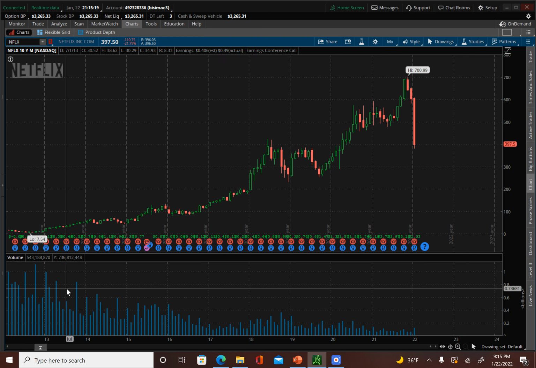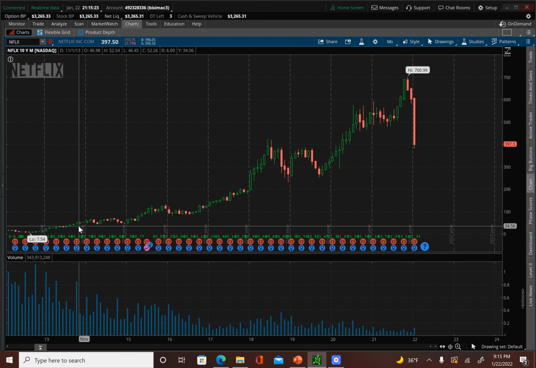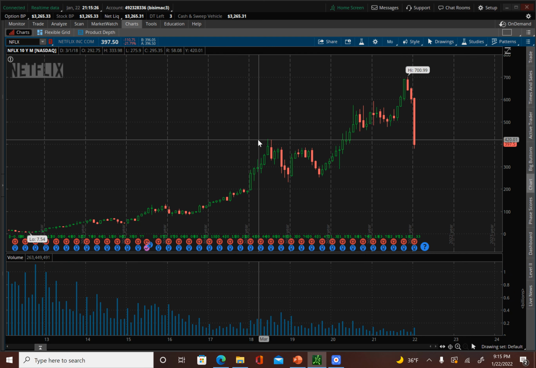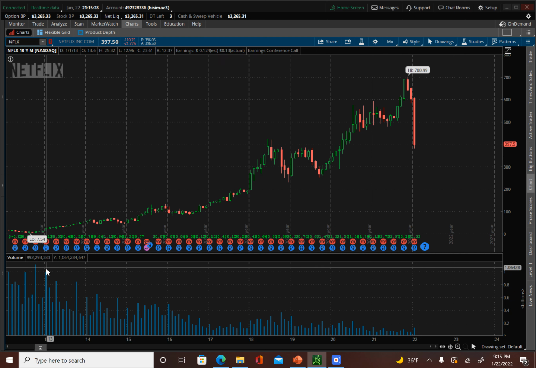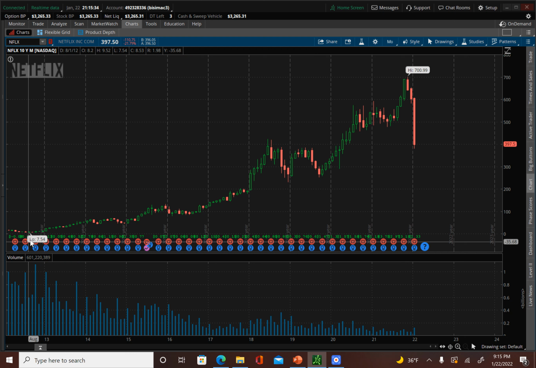That means institutional investors. And institutional investors are what start markup phases. Phase 2. The catalyst for phase 2 is institutional investors loading up. So that's what you see here. You see high volume, and that gives us a signal that we are going into a markup phase.